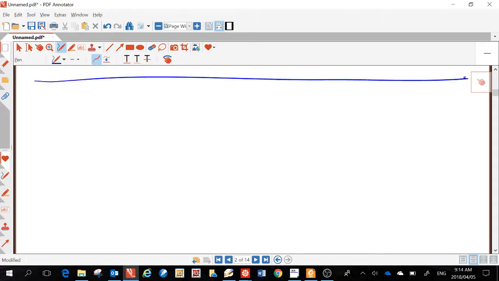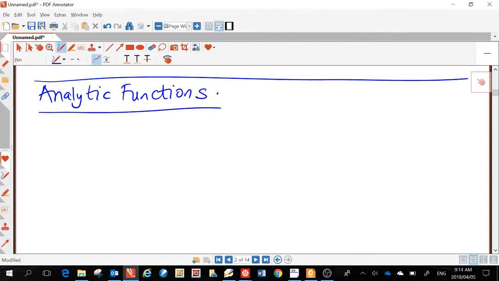So now we come across the word analytic functions. And don't get too worried. I'll preempt this: I'll tell you the story at the end, before we come to the end. It'll mean the same as holomorphic and differentiable. So don't get too worried. But let's give it its normal definition.